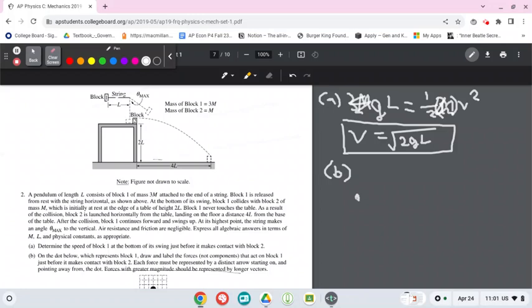Now the thing here is that we need to figure out the magnitude. We know that at this point the block is still accelerating, if not only because it's changing direction. And so it has centripetal acceleration, it has centripetal force to it. And centripetal force is just the force that's pointing into the circle. So into the circle would be upwards.